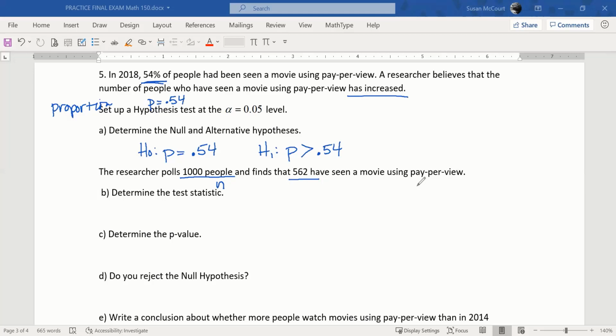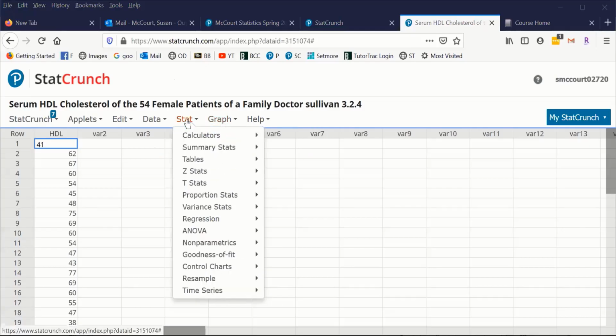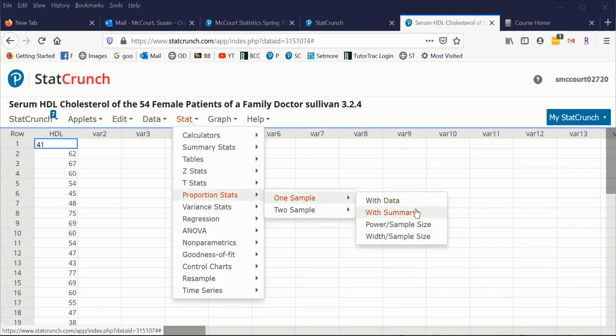So it's Stat, Proportion Stat, One Sample with Summary.